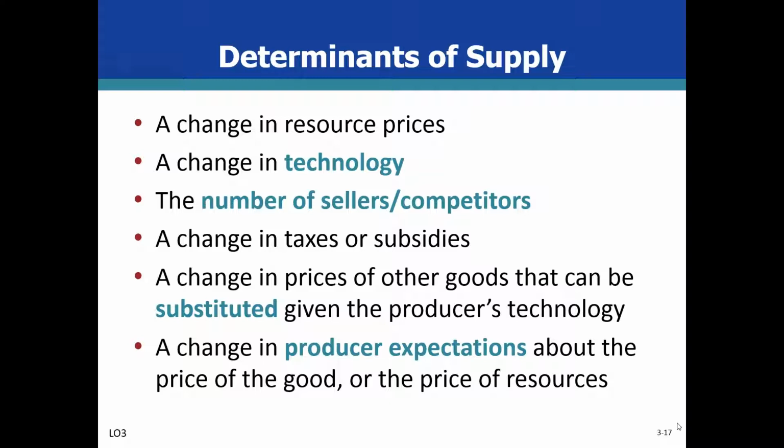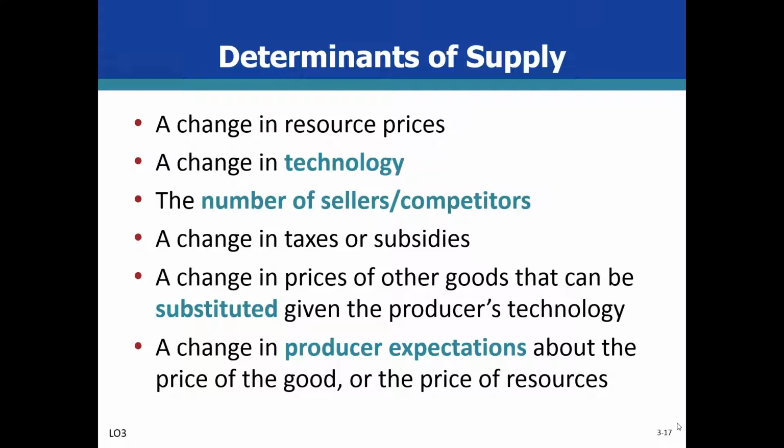A decrease in the price of resources, land, materials, labor, or capital, can provide an incentive to provide more, a shift to the right. If the cost of resources is rising faster than price increases, then there may be less incentive to provide more supply, a shift to the left.